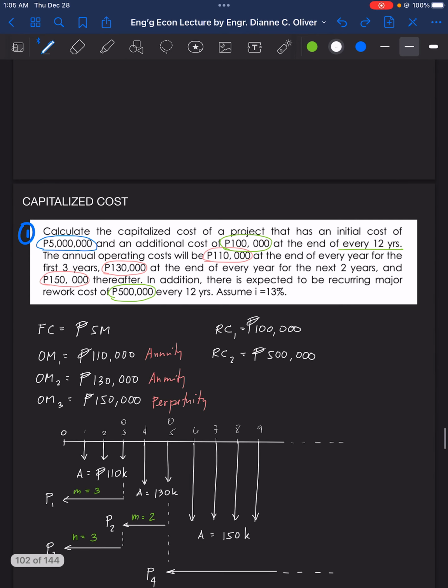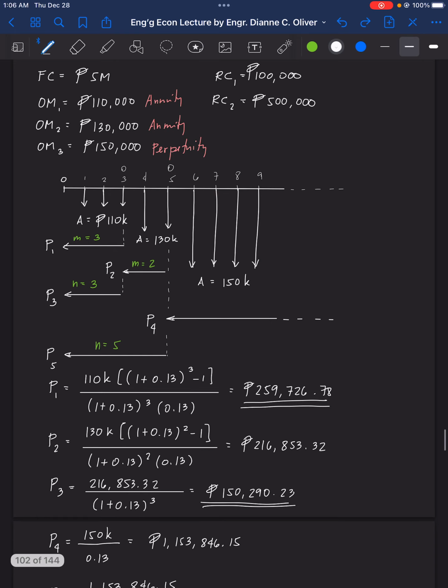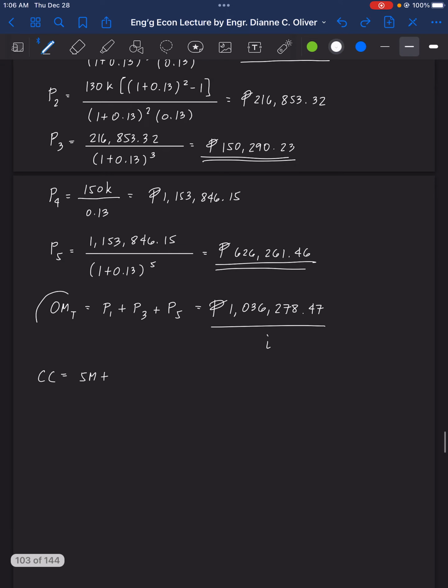So in the problem, the only perpetual operation and maintenance here is the OM3. But how about the 110 and the 130? We cannot fit into the formula wherein OM over I, because they should be treated as annuity. So what we did here is that we get all three of them into singular OM, which is 1,036,278.47.